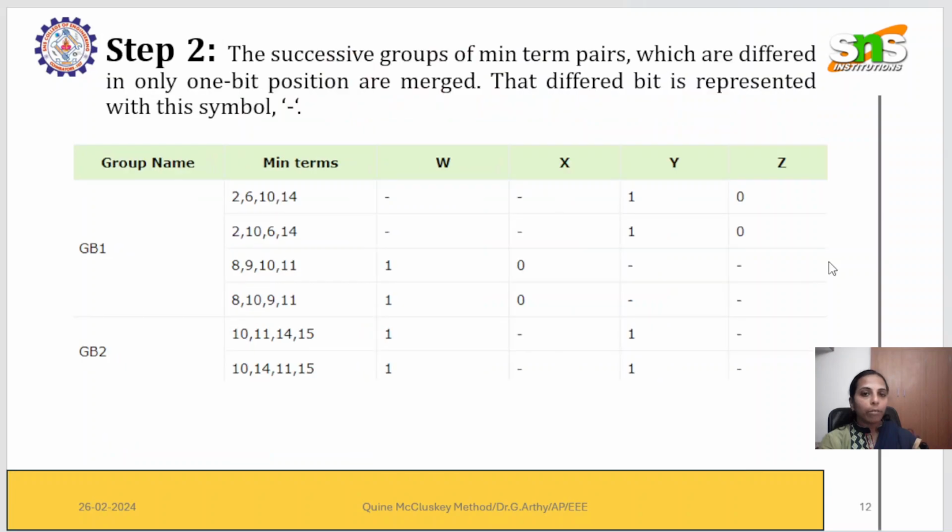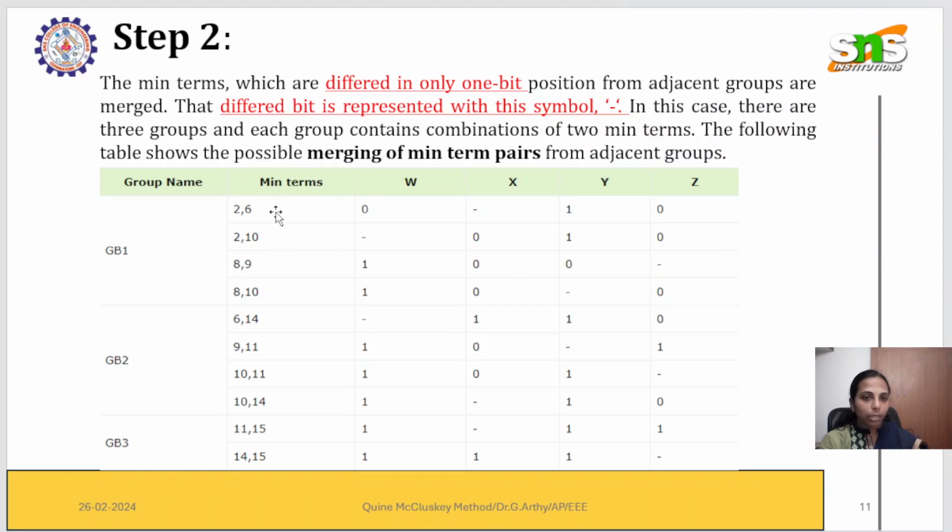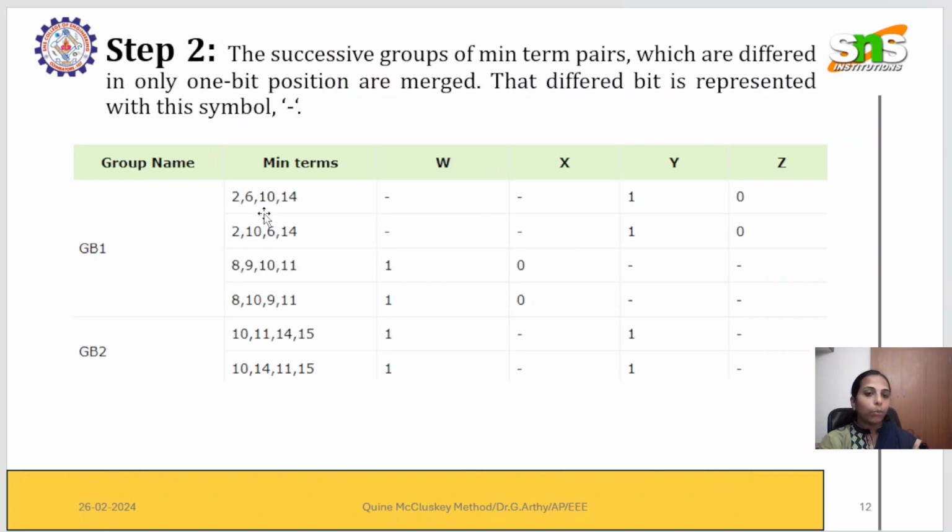Now again, two successive groups of minterms which differ in only one bit position are merged, right? Now 2 and 6 is compared with the next set 8 and 9. Then 2 and 6 is compared with 8 and 10. The same procedure is repeated. Here two minterms are combined together, so here we'll have four minterms together.